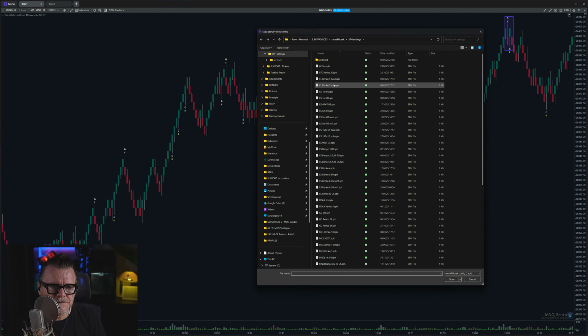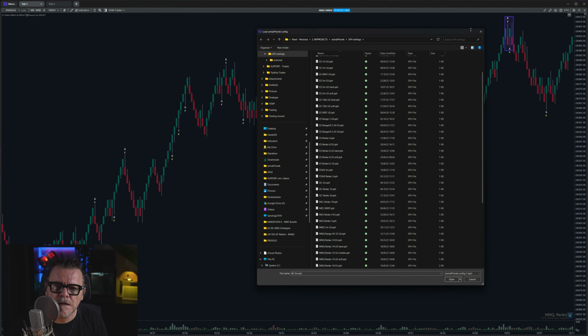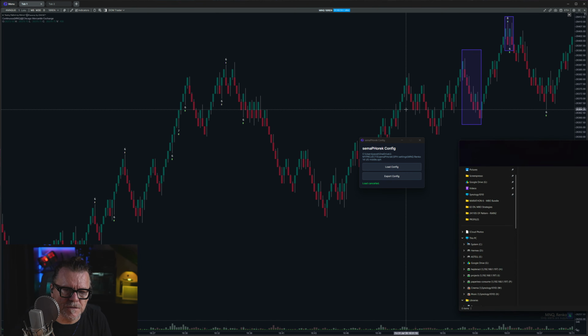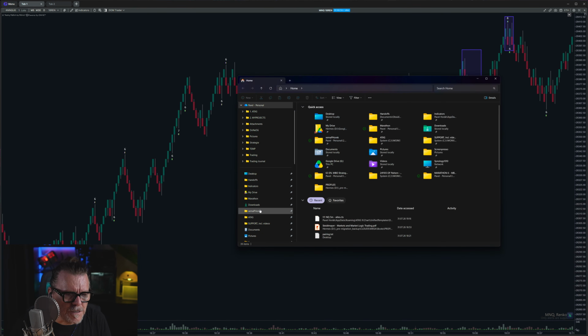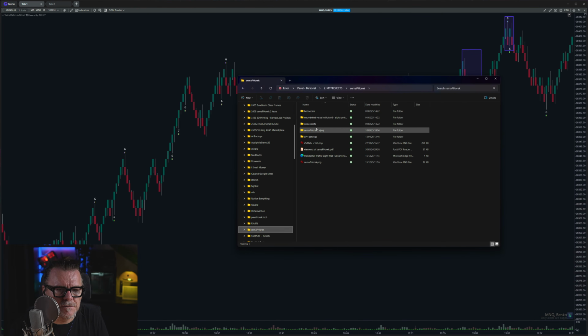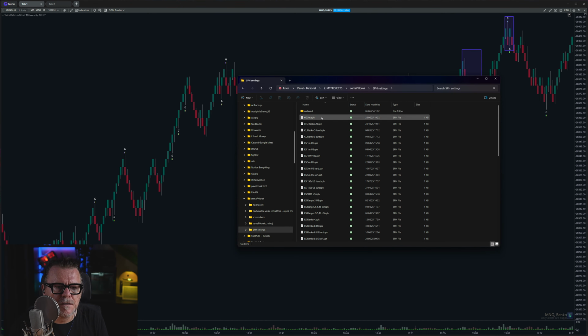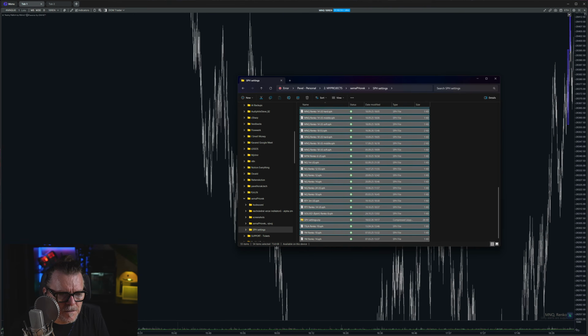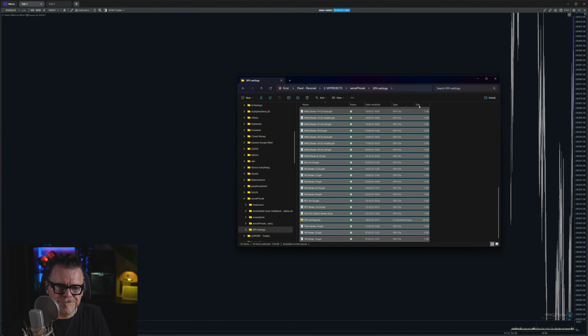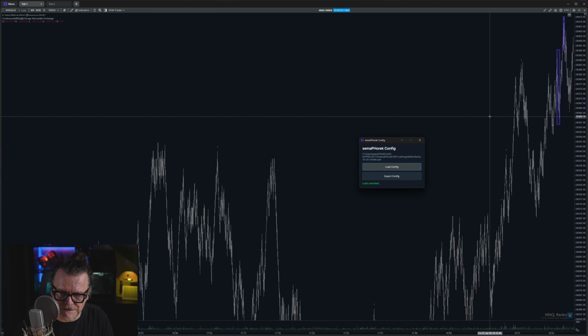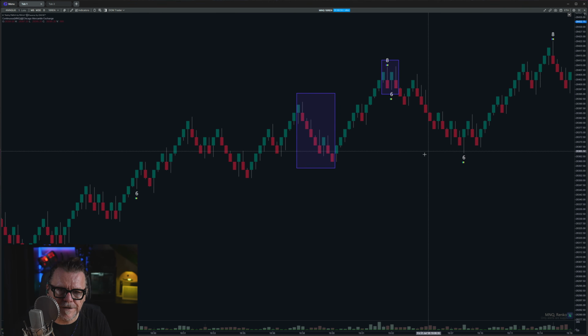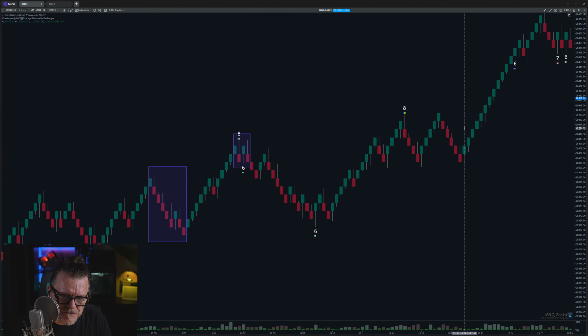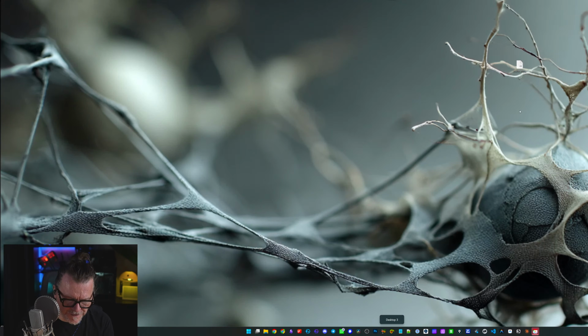So I created a few settings. A few means I won't be able to count them because I'm not here. There are 54 setting files for various instruments and various time frames which you can use, and basically start trading immediately.